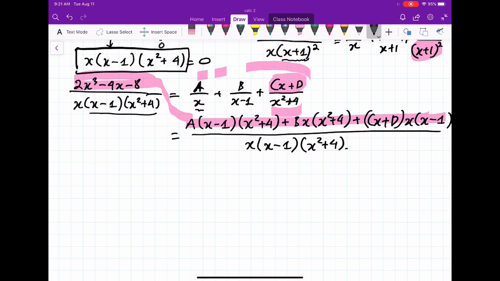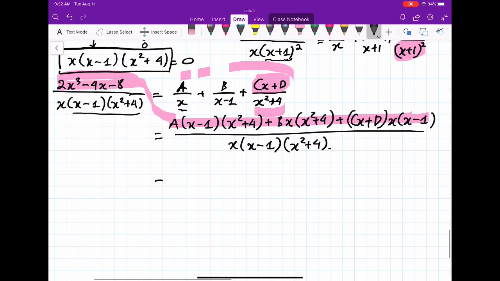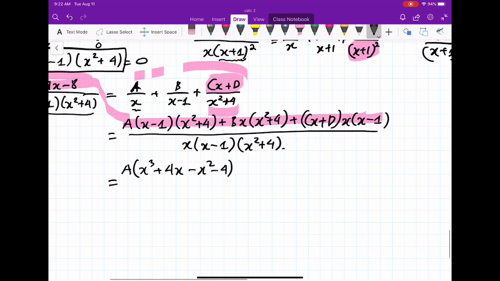Given that this is pretty long, but that's fine, we need to solve that to the end. Okay, so for this one, I have x cubed plus 4x minus x squared minus 4. That is for the A. For the B, I have b x cubed plus 4x.